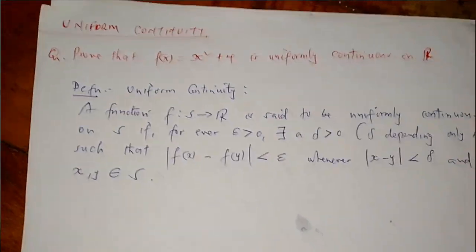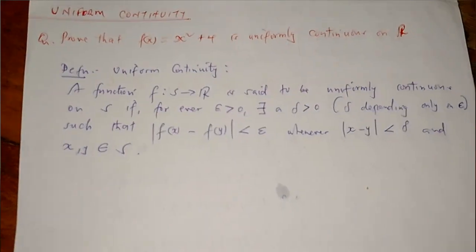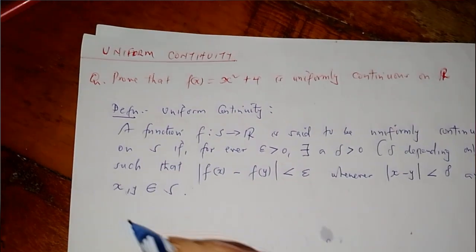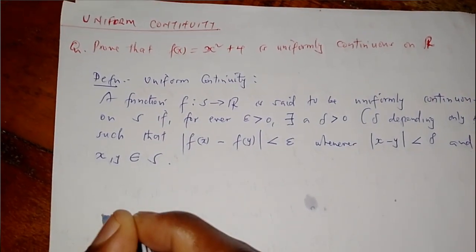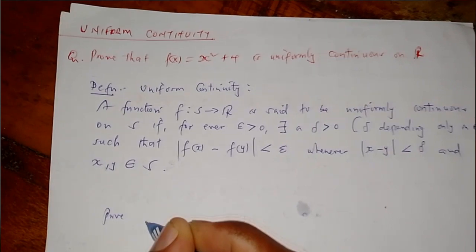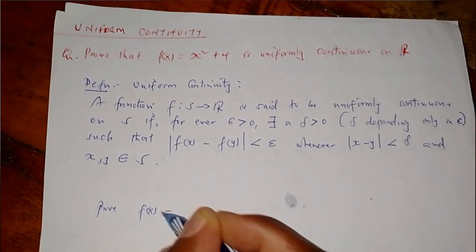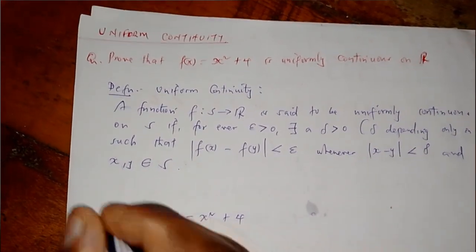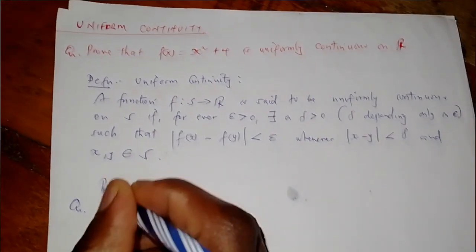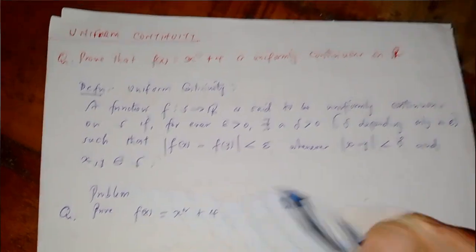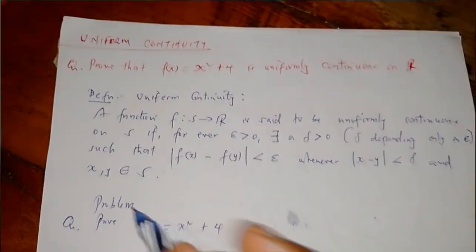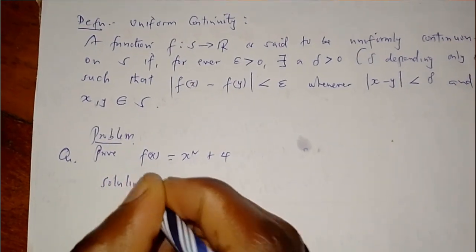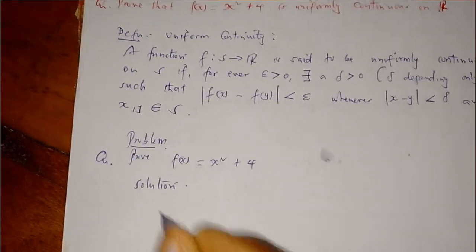So let's look at the problem itself. The problem was that we have to prove f(x) = x squared plus 4 is uniformly continuous on R. You have to show this. Solution, proof.